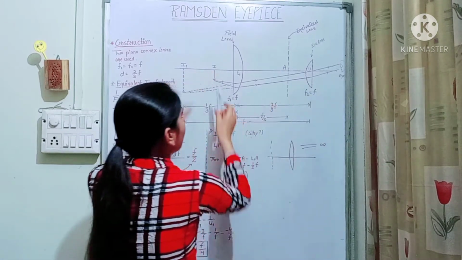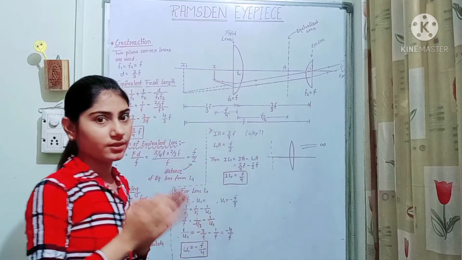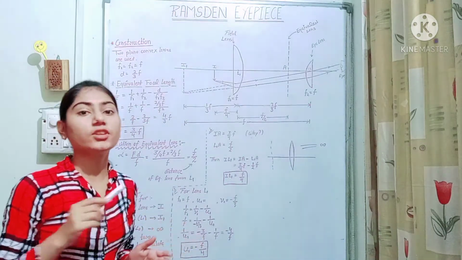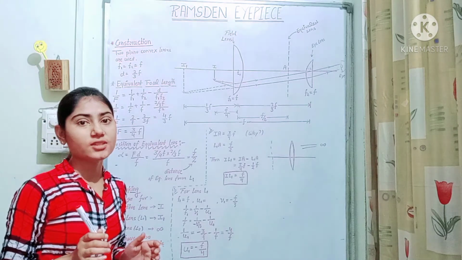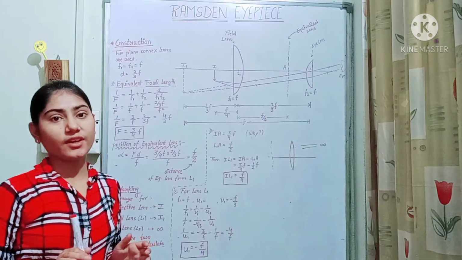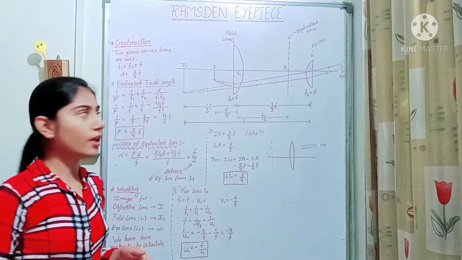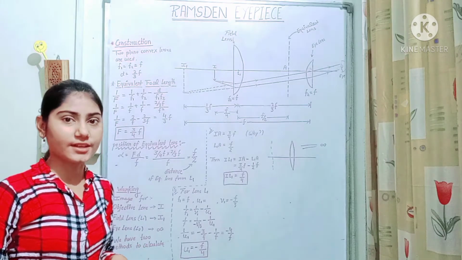So we are placing our crosswire here, and this is the ideal position for the crosswire because both the conditions are satisfied. While in the Huygens eyepiece, the position of the crosswire does not satisfy both the conditions. But here both the conditions are satisfied.